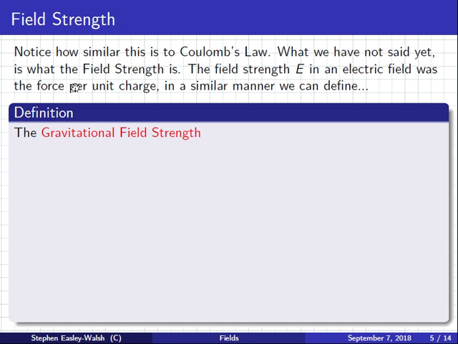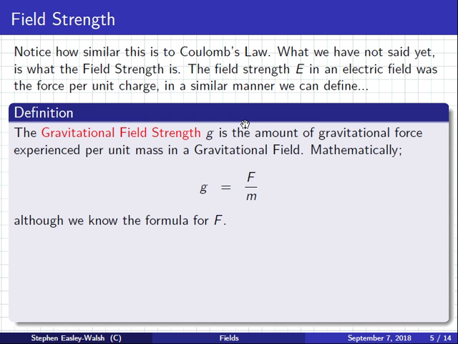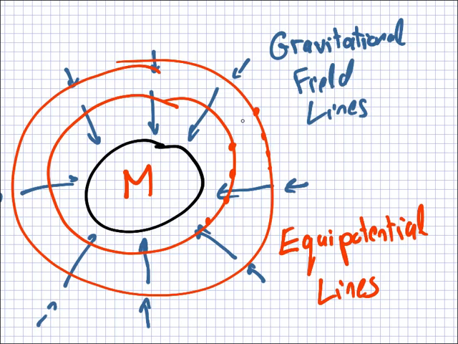So for gravitational field strength, we use the letter G, which is the amount of force per mass in the field. So as a formula, it's just F over m. If I imagine here we have an m and we have an F, then the field strength is F over m.